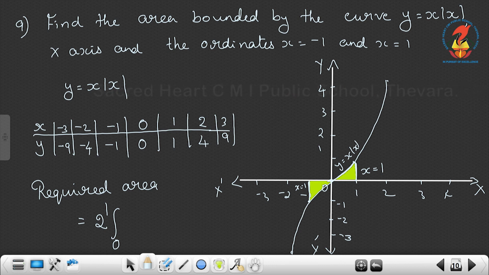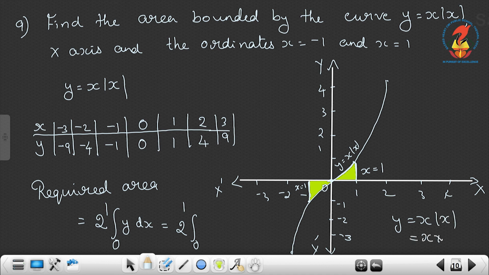So, 2 times integral 0 to 1 area under the curve y dx, where y is x mod x, and we are taking the right hand side. On the right hand side mod x is x itself. Since mod x is x itself, y becomes x square. So, instead of y we can write x square dx.